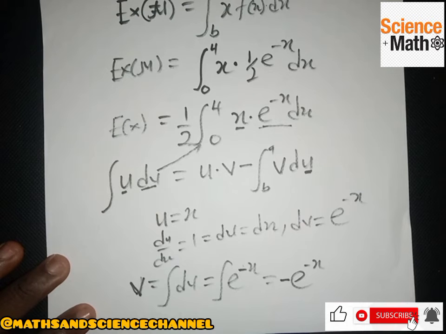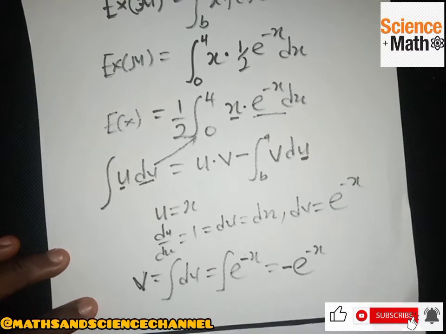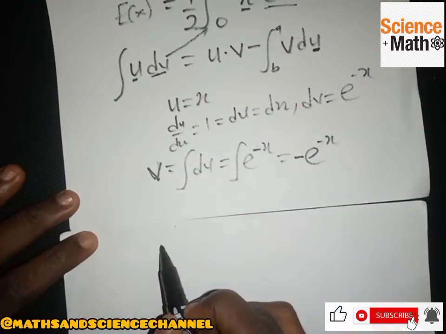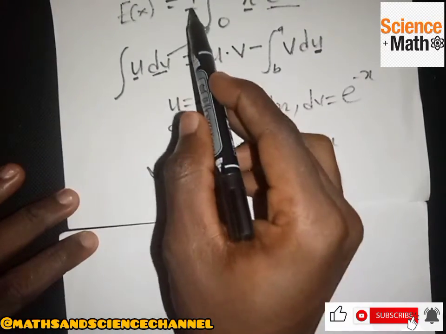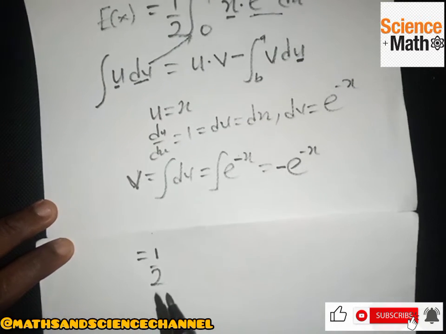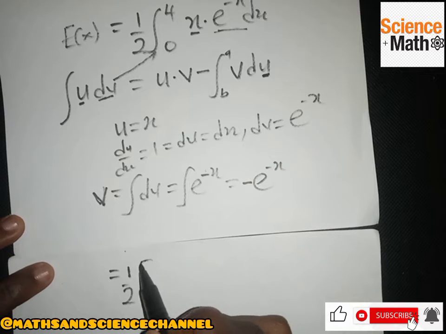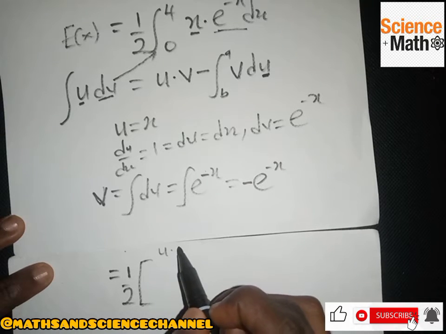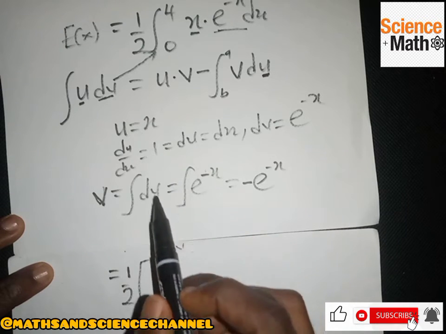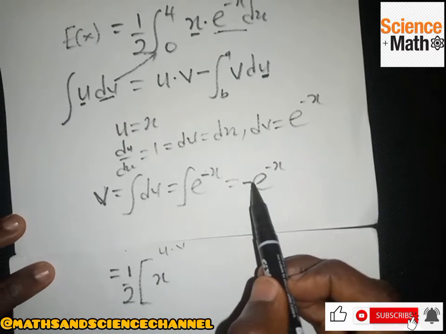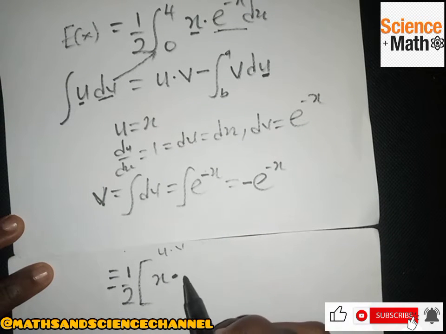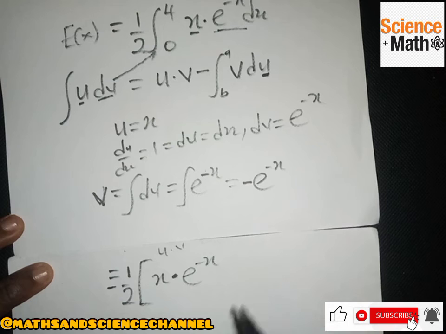If that is the value of v, then writing the whole of that, remember we have 1 over 2 outside already, so we have 1 over 2 times, in brackets, u multiplied by v. Here u is x, multiplied by v, which is negative e to the minus x.